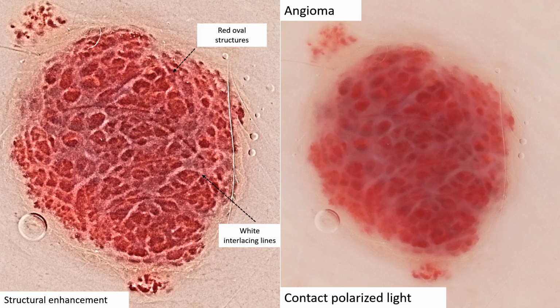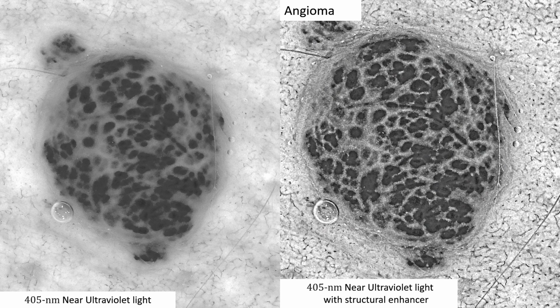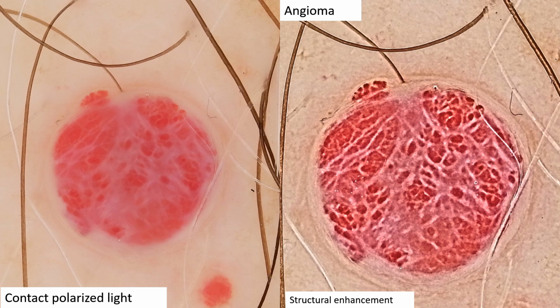Here we see the structural enhancement utilized, and you can see these red oval structures very sharply demarcated from the white interlacing lines. And in the near ultraviolet light, with the structural enhancer, it's quite dramatic as well. Here we have contact polarized mode.